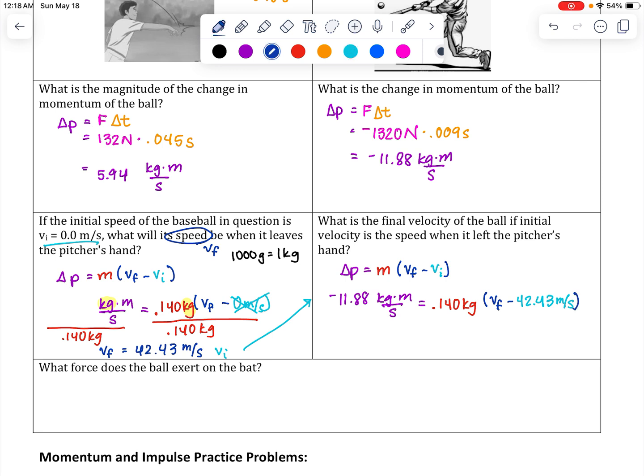The first thing I'm going to do is divide by 0.140 kilograms.